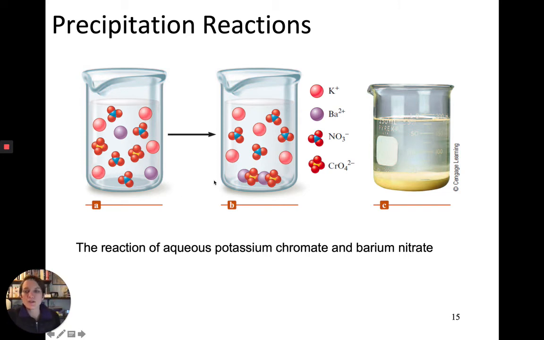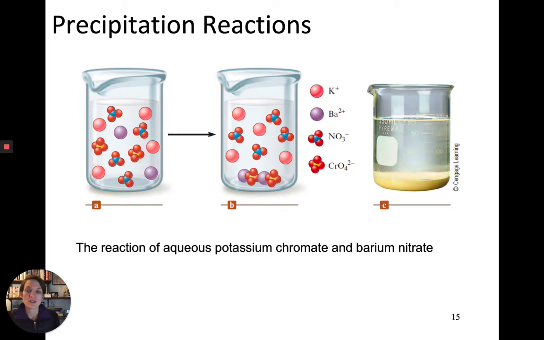All right, a nice molecular diagram from your textbook shows chromate here. Oxygen is almost always drawn in red. Then we have our nitrogen, or our nitrate, excuse me. We have our potassium and our barium. So this is showing that initial combination of the species. They've just been added to that vessel together.